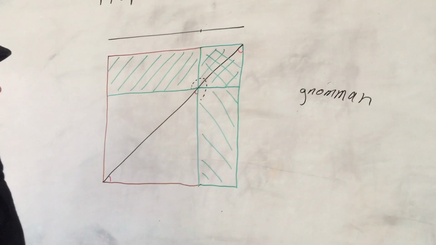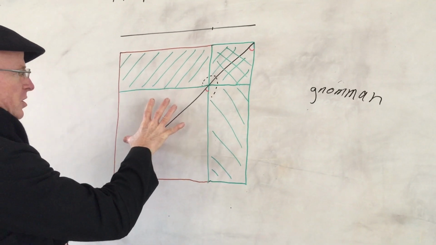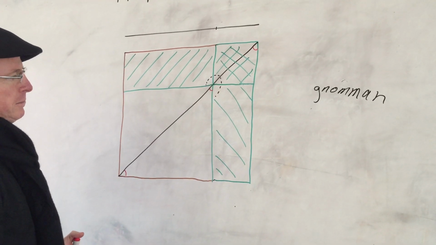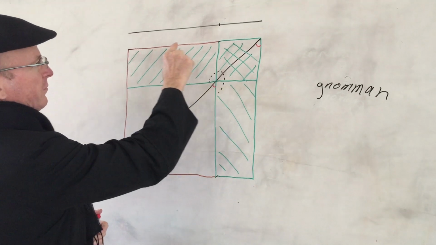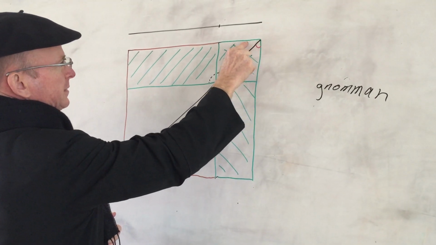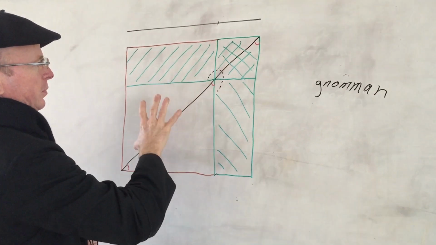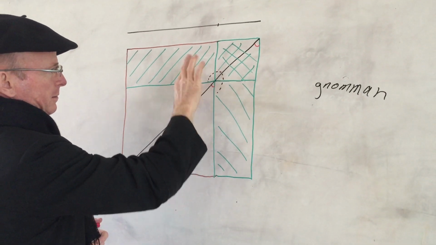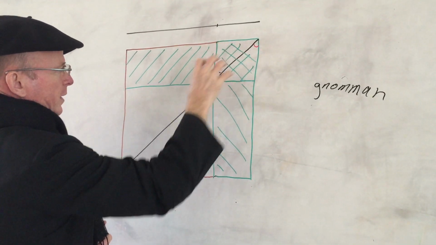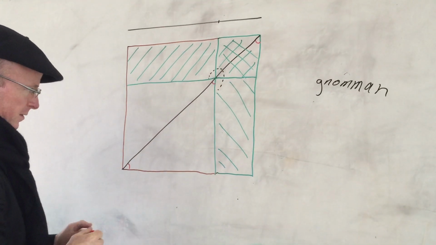Great. Let's add this chunk to both sides of the equation. Okay. And now we know that twice the rectangle contained by this and this plus this chunk will be equal to the gnomon plus this square and this square. We've proven that this is a square.